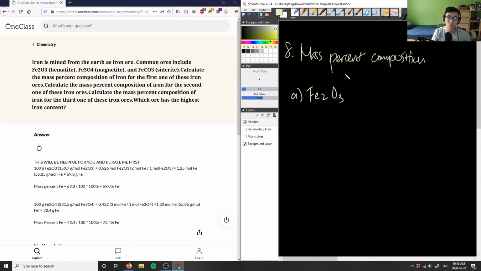We're going to assume our mass is 100 grams. The reason we assume 100 grams is because it's easier for us to work out the percent. So assume we have 100 grams of Fe2O3. If we assume our mass here, what we can do is actually calculate the moles, right?